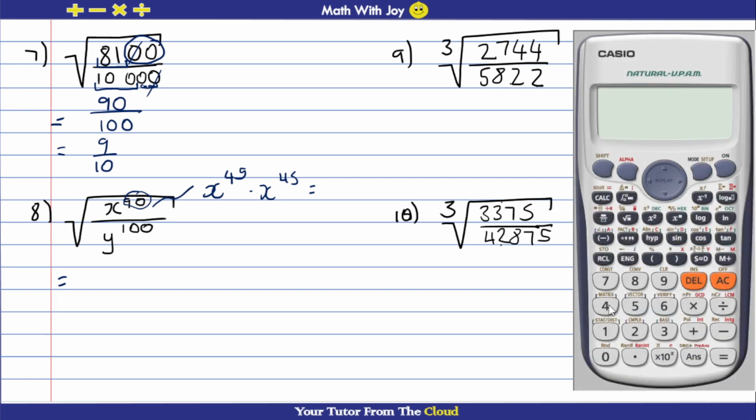I would need to say 45 plus 45, that gives us 90. So we know this becomes x to the power of 90. So the square root of x to the power of 90 is x to the power of 45. Similarly, we can find this is y to the power of 50, because y to the power of 50 times y to the power of 50 is y to the power of 100.